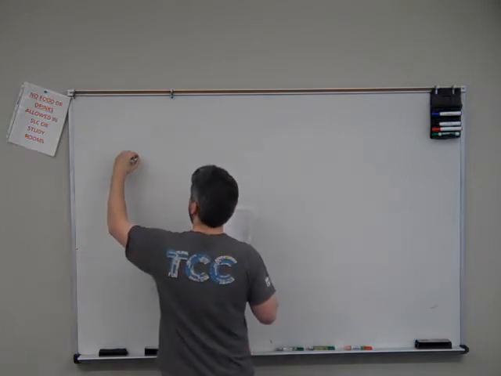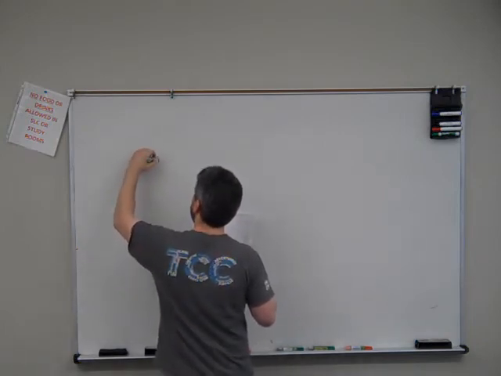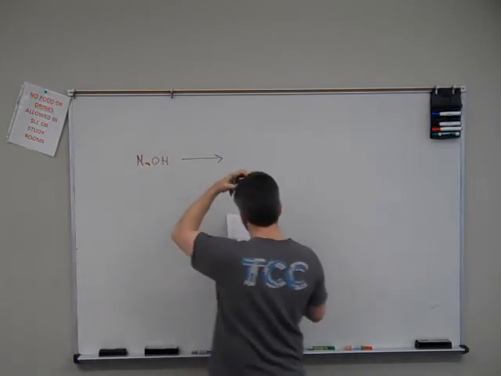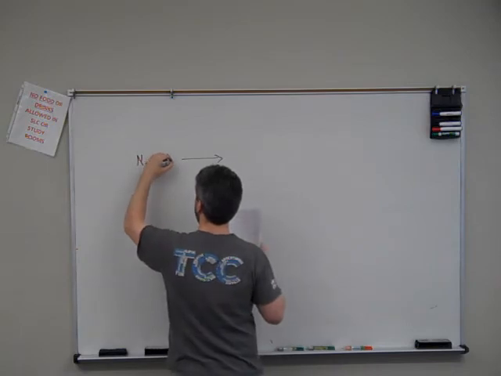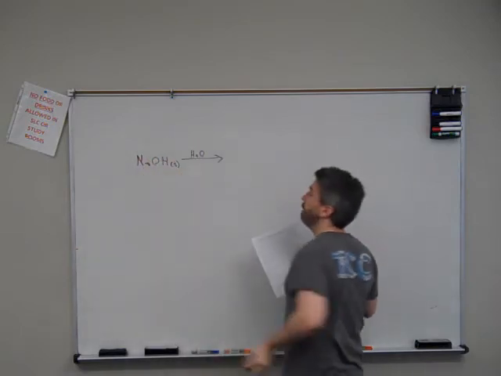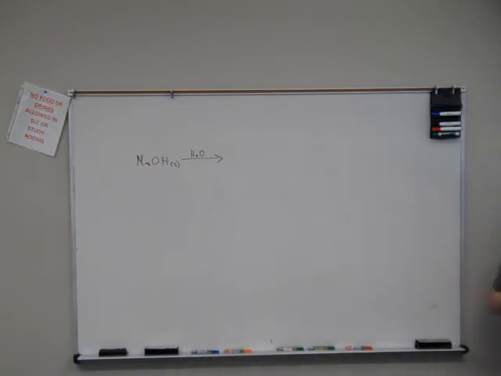Like in this case, NaOH. The ions that make up NaOH are the sodium ion and the hydroxide ion.